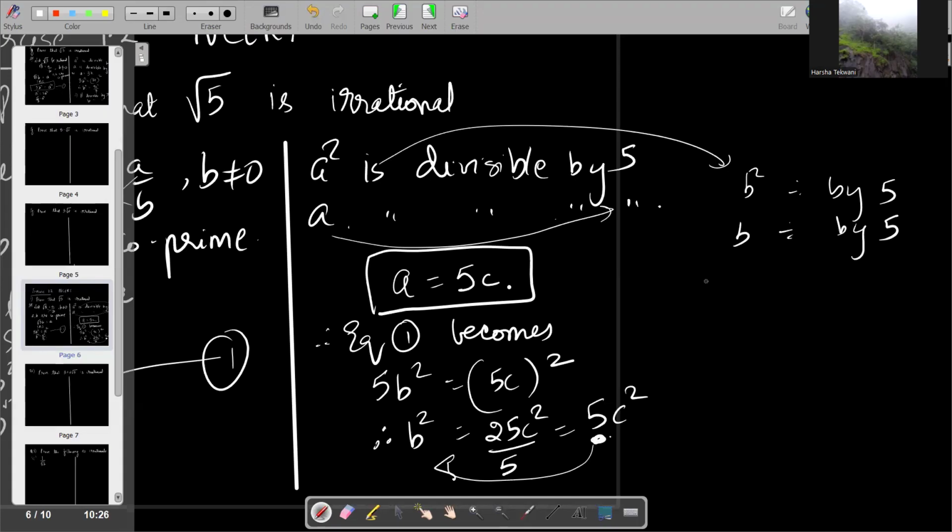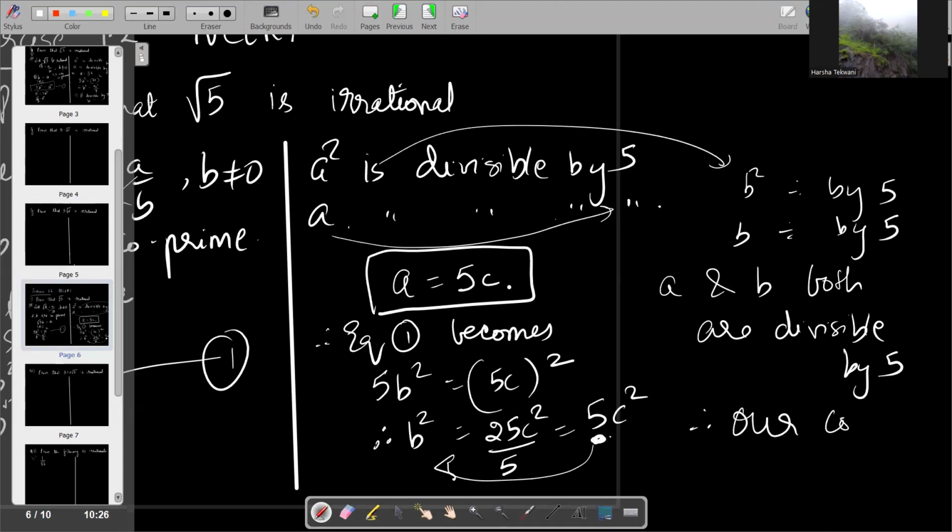That means our assumption that A and B have HCF as 1 went wrong. A and B both are divisible by 5. Therefore, our contradiction is wrong. Okay, you can write that. Our assumption is incorrect. Therefore, root 5 is irrational.